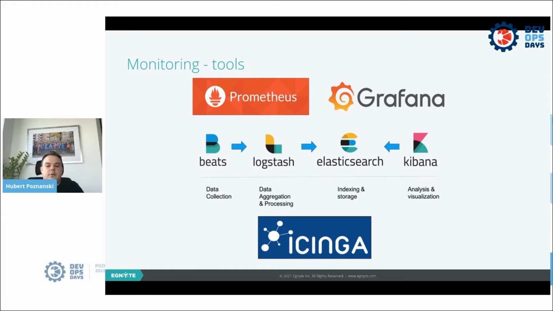Elasticsearch Stack to collect logs from the application, as well as the cluster. Of course, we use Kibana to work on these logs, Logstash, Beats, Auditbeat, and Icinga, where we have end-to-end checks.